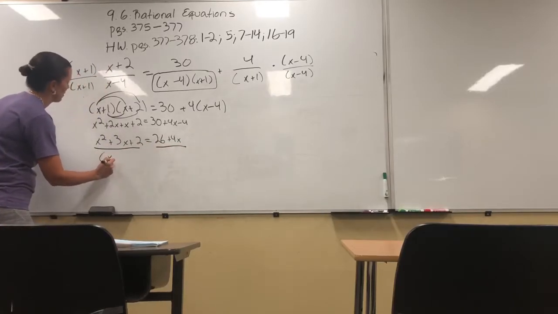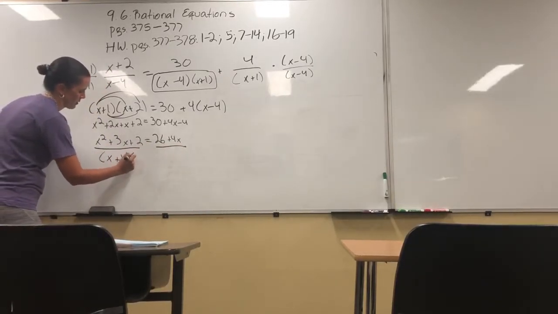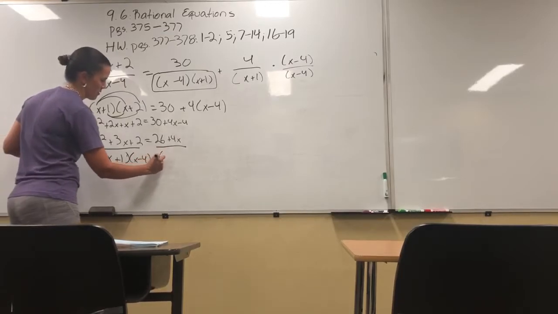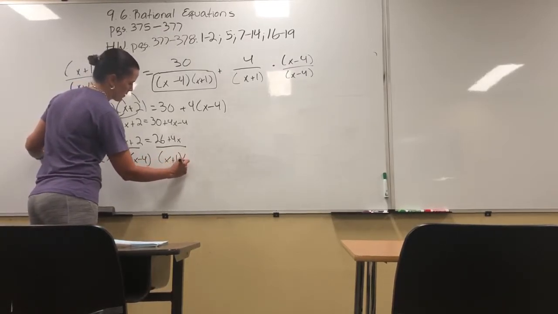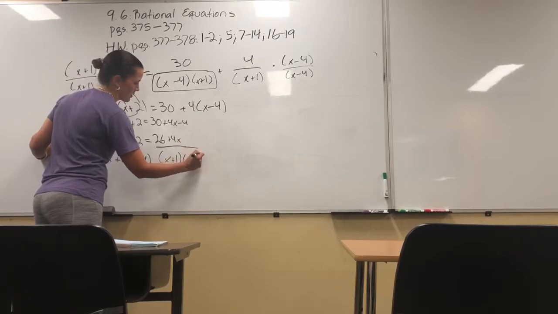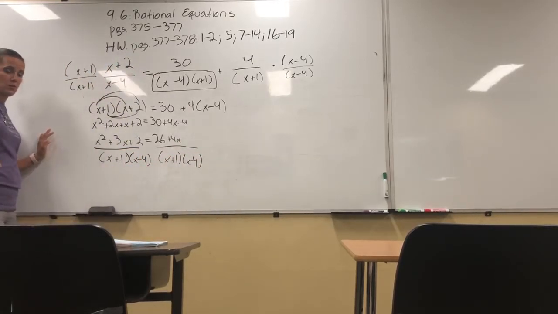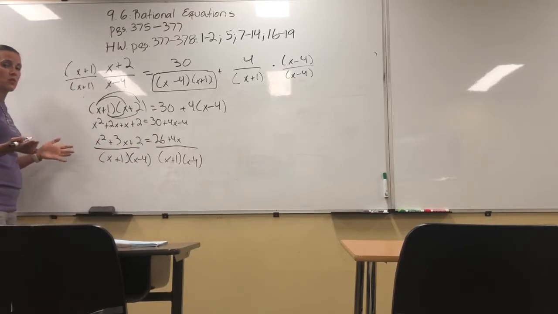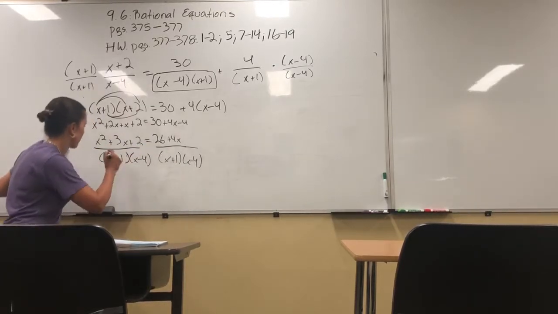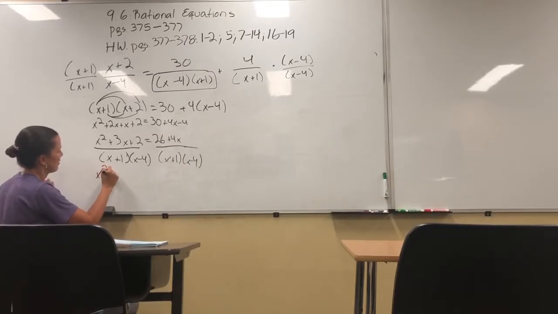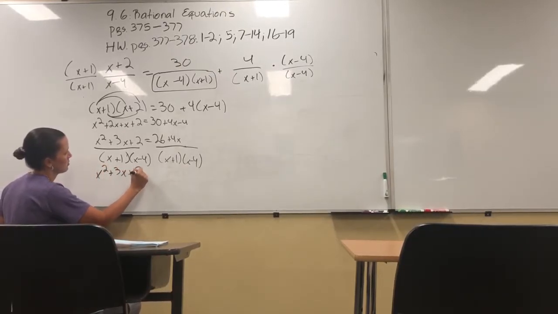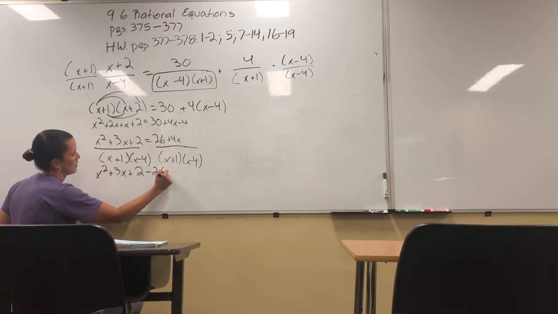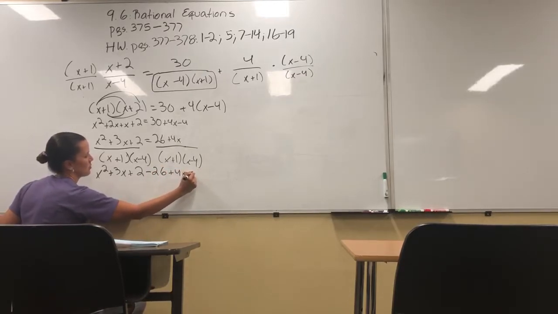So the denominator was x plus 1, x minus 4, and here again, x plus 1, x minus 4. Since they have the same denominator, that means we can add or subtract them. So what I'm going to do is bring this guy over to this side, set it equal to 0, then we'll end up with a quadratic equation. So I have x squared plus 3x plus 2 minus 26 plus 4x equals 0.